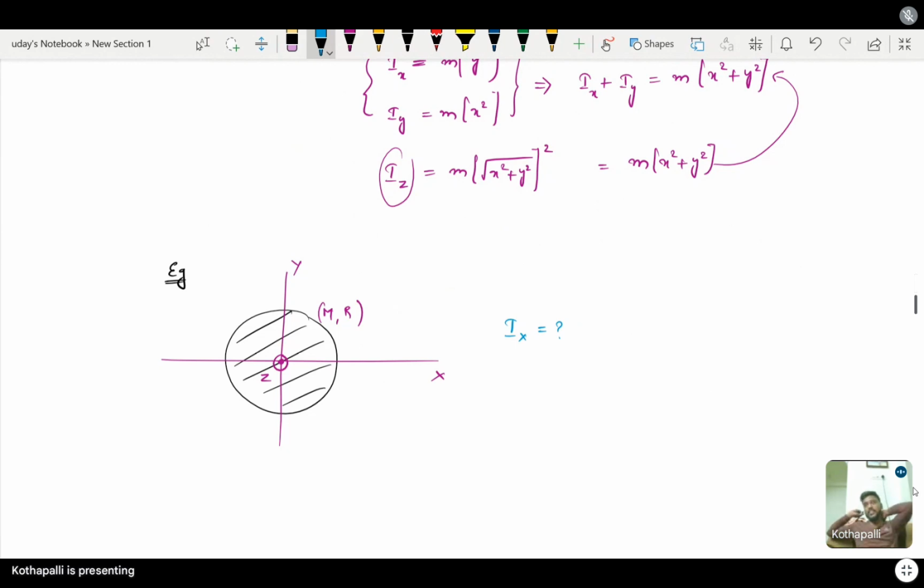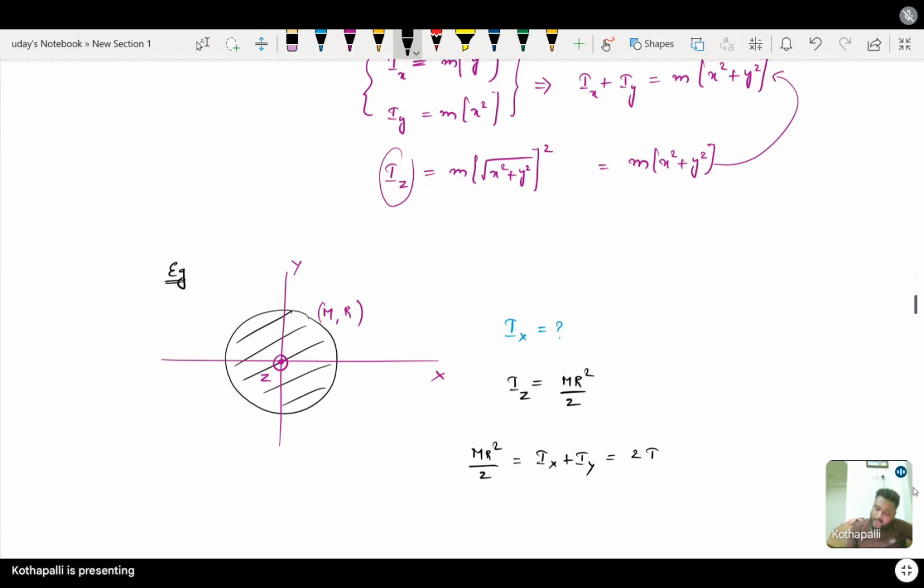It is not the own axis, it just passes through the center of mass. How to calculate it? Very simple. I about z we know is m r square by 2, the moment of inertia of the disk about its center of mass axis. So m r square by 2 is equal to Ix plus Iy.